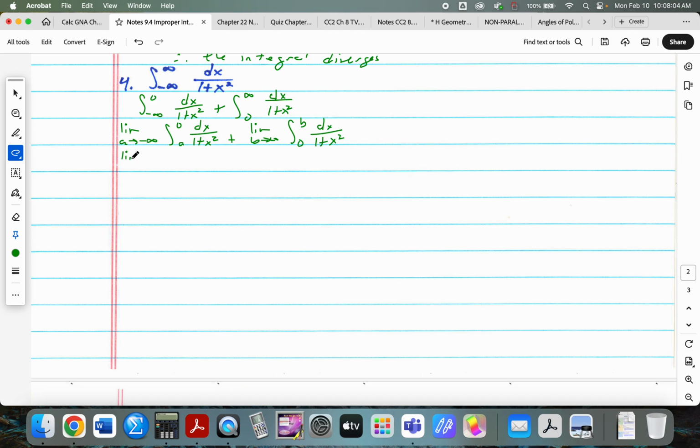So it'll be the limit as a goes to negative infinity of, what is our antiderivative here? Arctangent, right? This is inverse tangent.